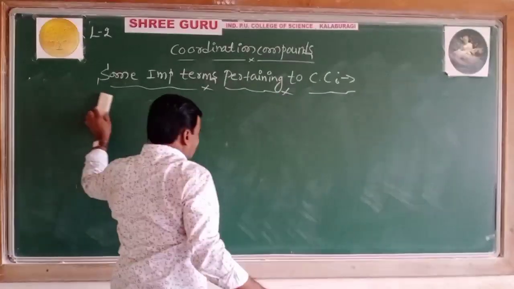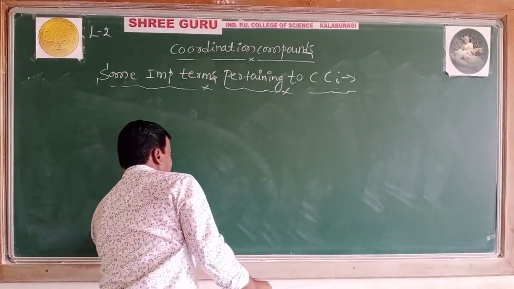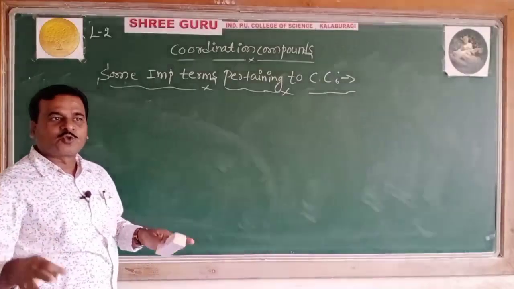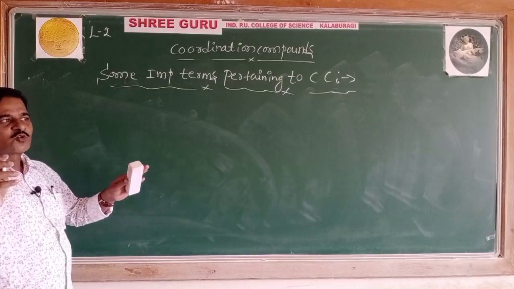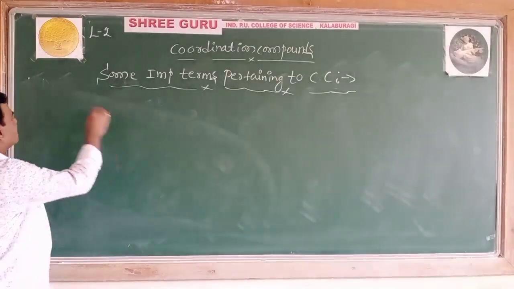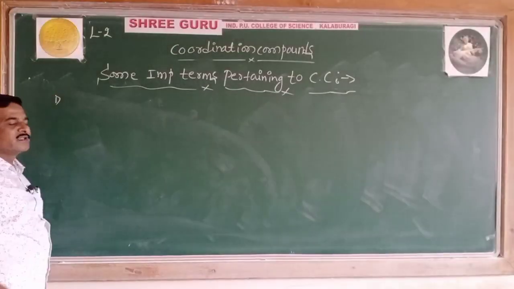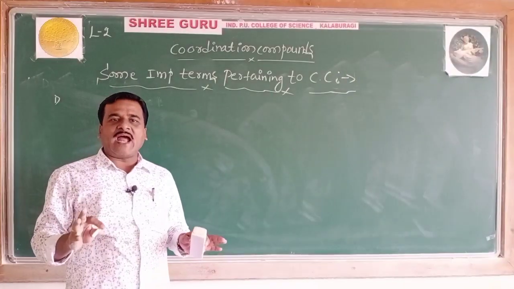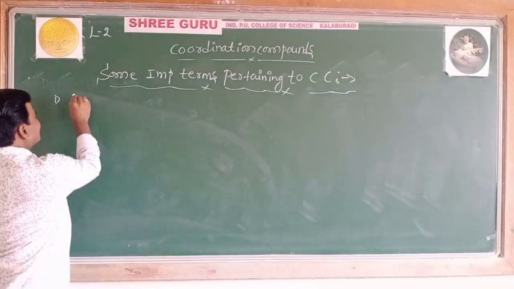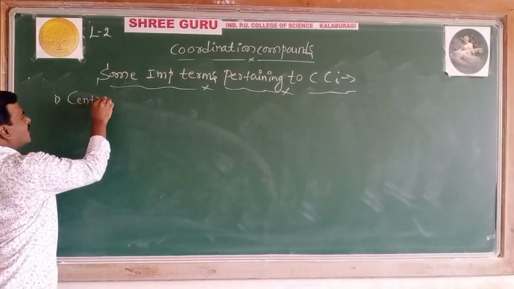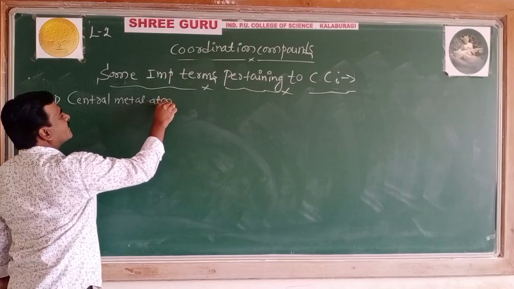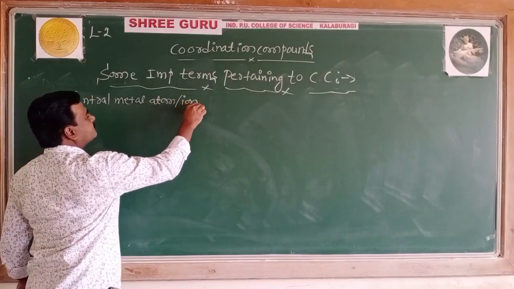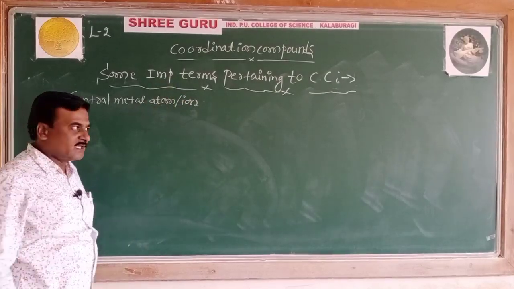Let's collect first the list of terms one by one, and later we are going to discuss them one by one. What are the important terms pertaining to coordination compounds? First one is the central metal atom or ion. Central atom, usually a metal, central metal atom or ion is the first term.